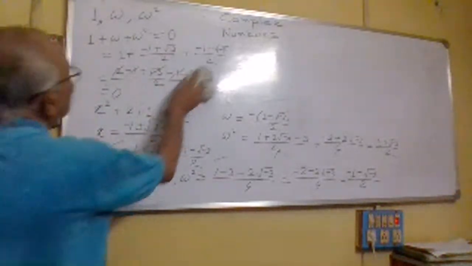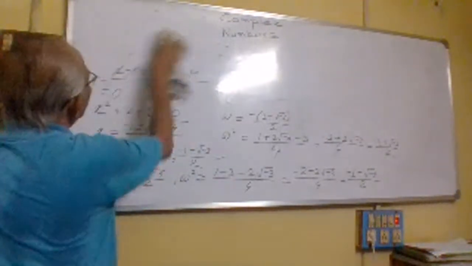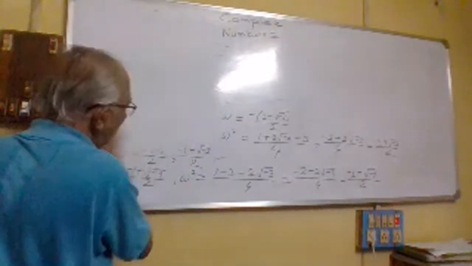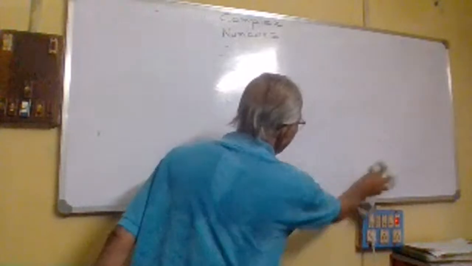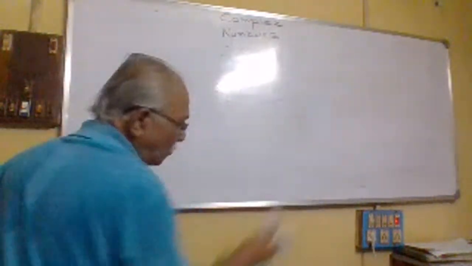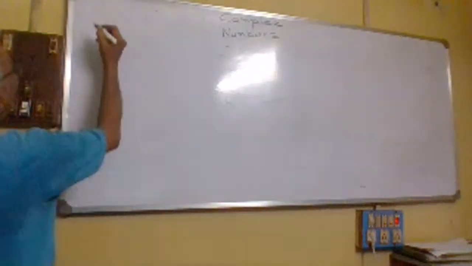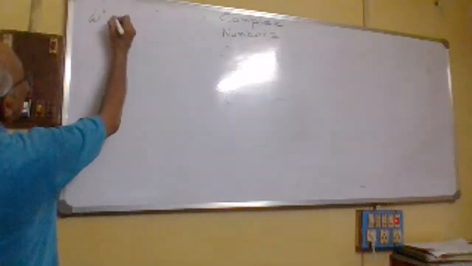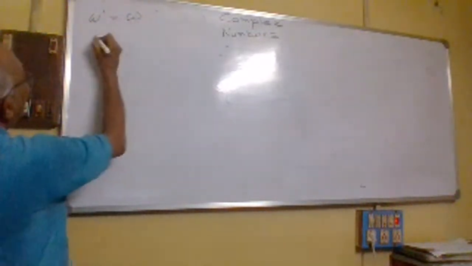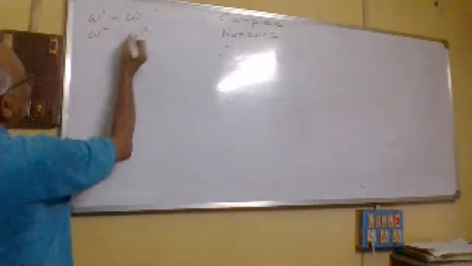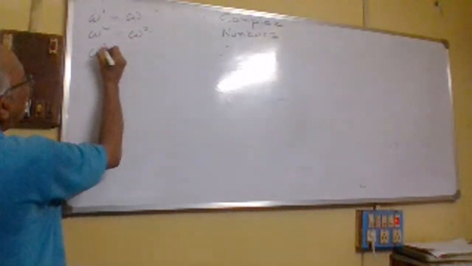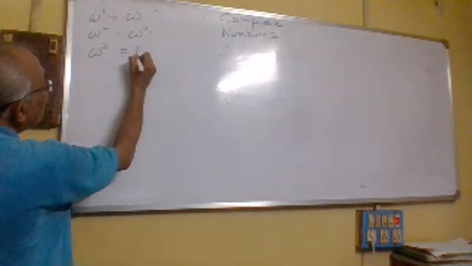And see then, from here you can see omega to the power 1 equals omega. Omega square equals omega square. Omega cube equals 1.